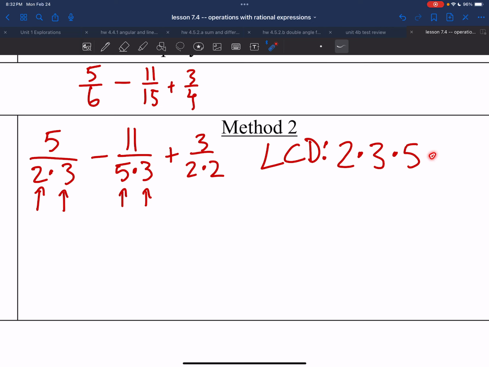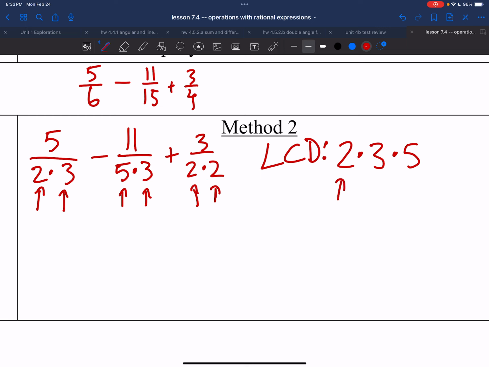So there's no need to put another 3 here because this LCD is both divisible by this 3 and that 3, right? Now move to the last one. You have 2 and 2. Well, using that same logic, you have this 2 here, but you don't have a second one.